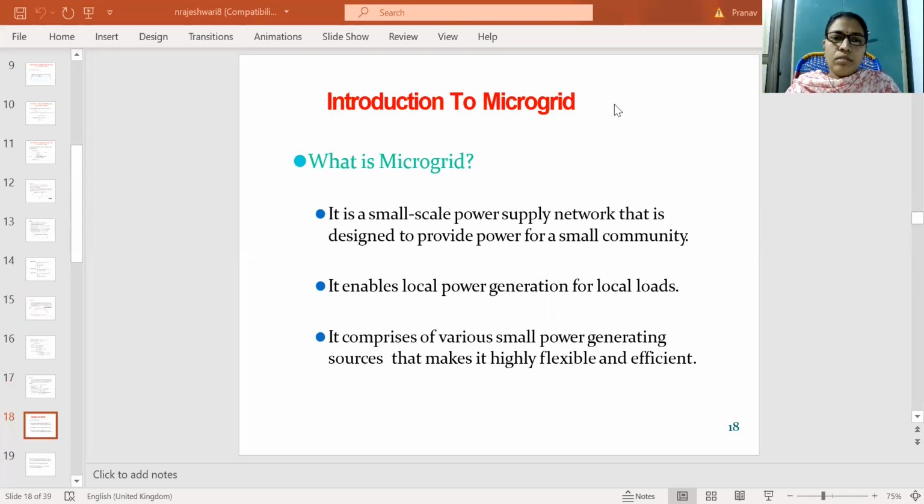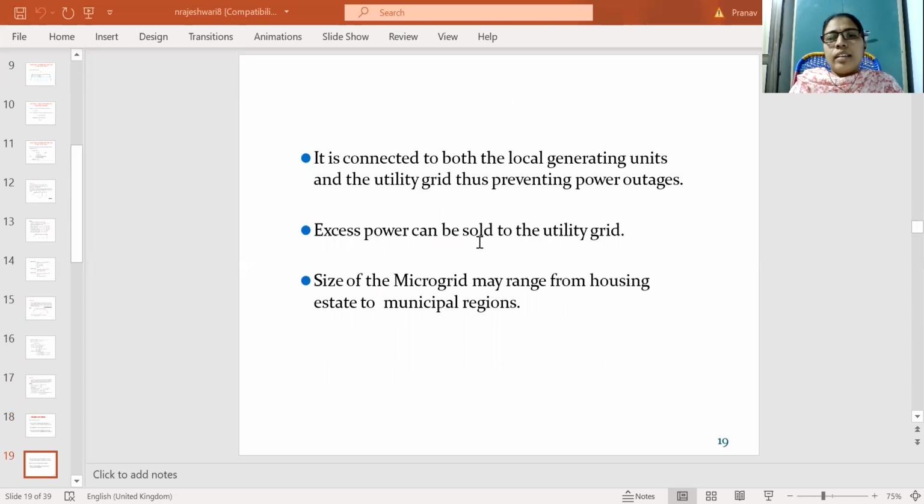It enables local power generation for local loads, and it comprises various small power generating sources that make it highly flexible and efficient. It is connected to both the local generating units and the utility grid, thus preventing power outages.